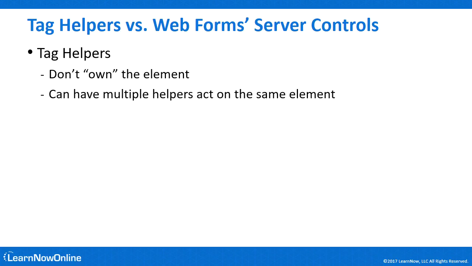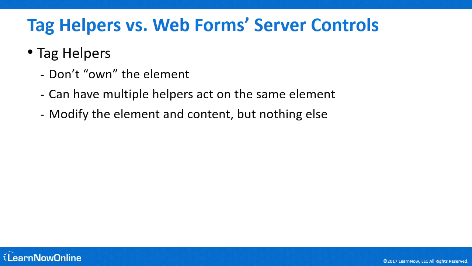So you have to design this with conflicts in mind. And that's in contrast to web server controls, because you typically can't compose web server controls and use them in combinations.